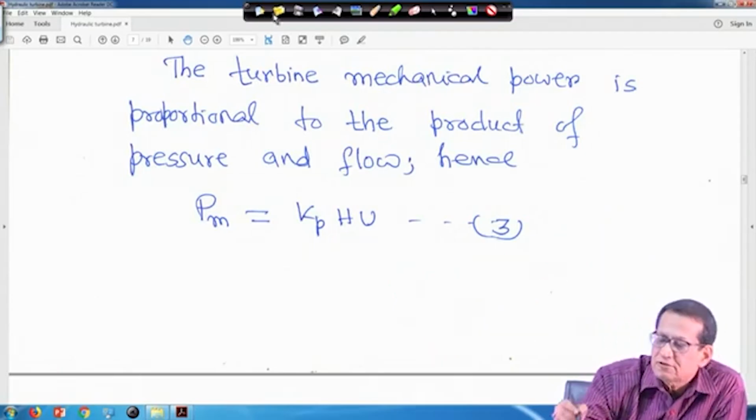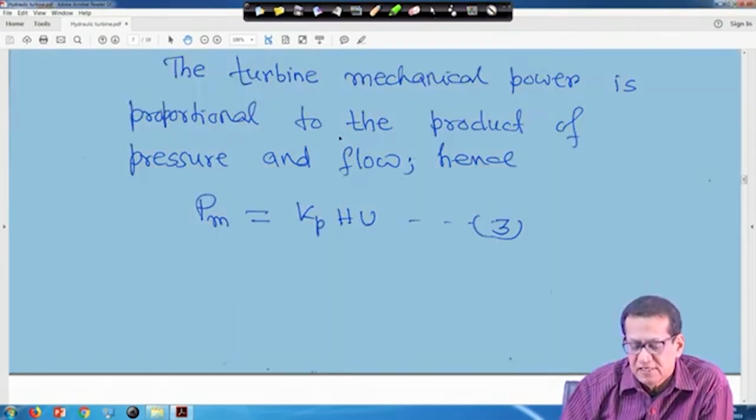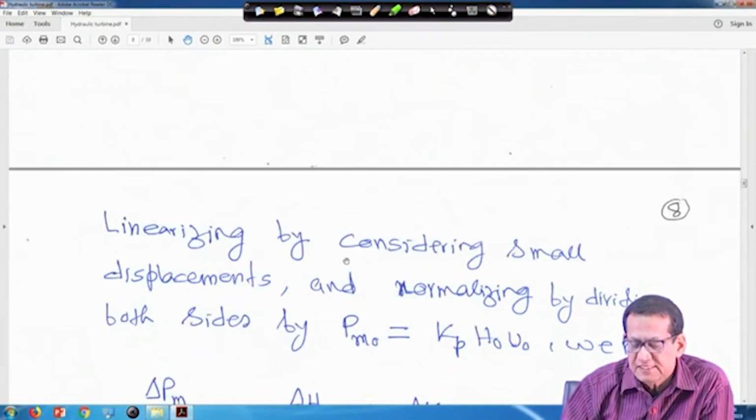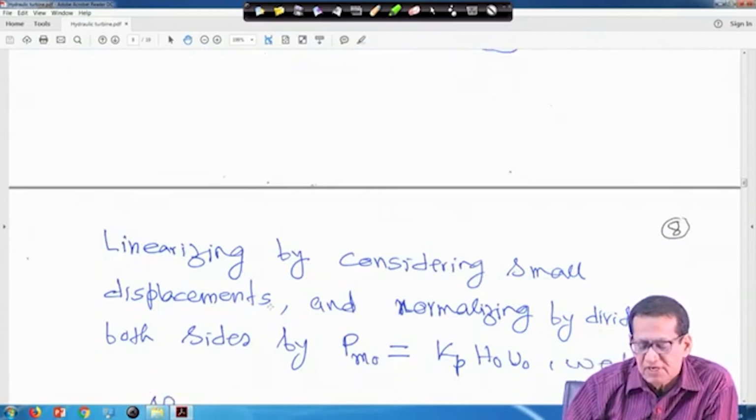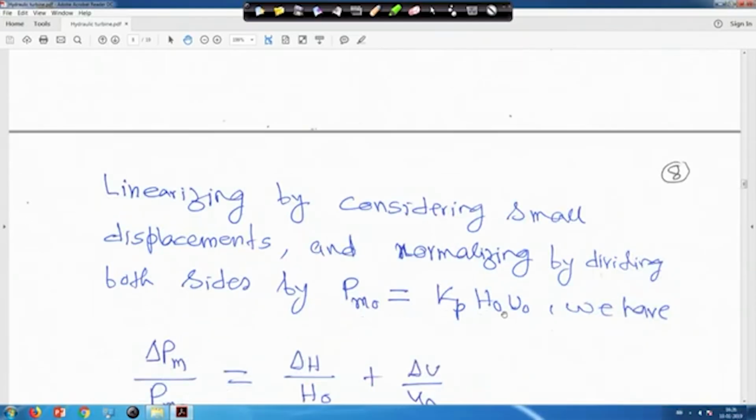So, here also you take delta P m, right. For linearizing, you linearize by considering a small displacement, and again you have to normalize by dividing both sides by P m 0 is equal to K p H 0 U 0, just now I showed you, right.